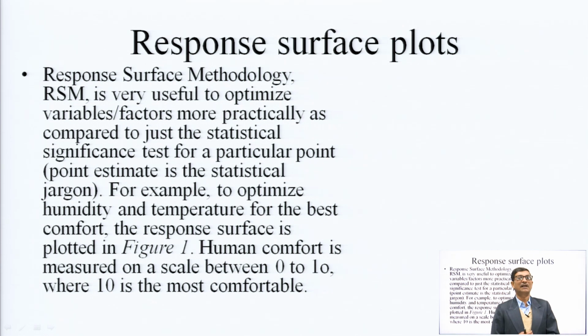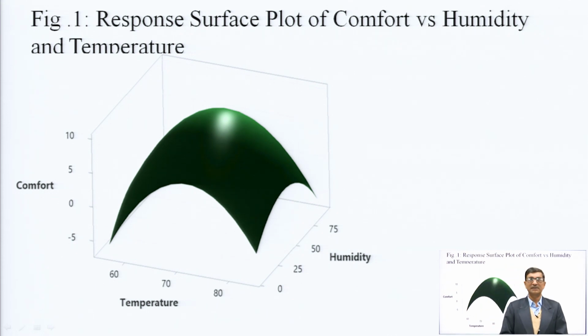The human comfort is measured in this example on a scale between 0 and 10, where 10 is the most comfortable and 0 means there is no comfort. Okay. So, this is the response surface plot of comfort versus humidity and temperature.